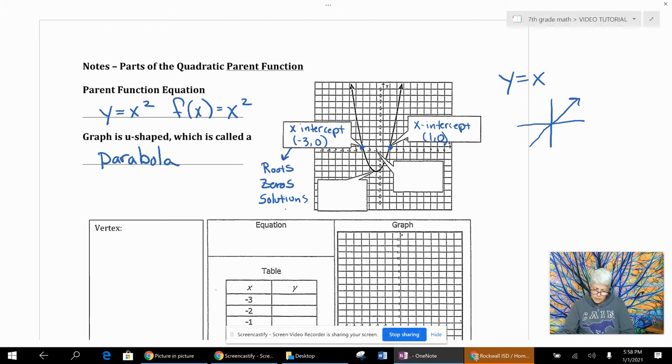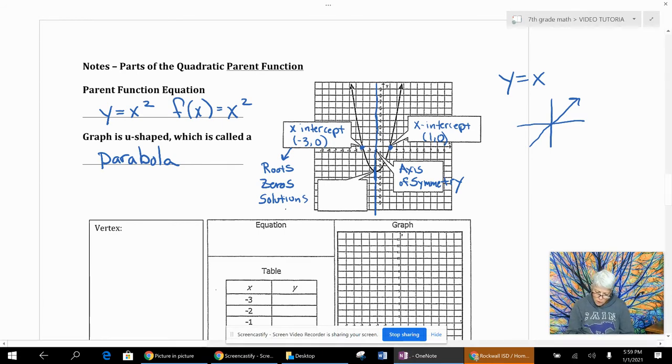Okay, axis of symmetry. So if I cut this parabola in half, exact half, to where it's a mirror image on both sides, we call that the axis of symmetry. So it cuts it in half exactly.